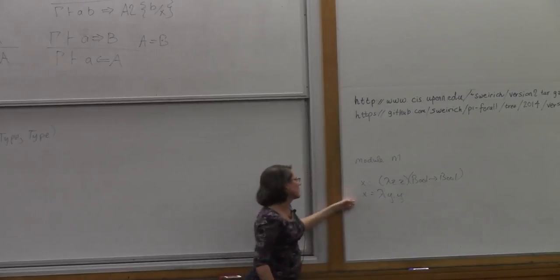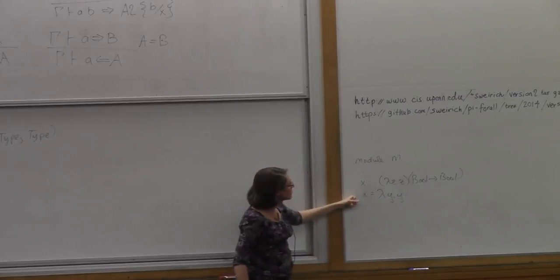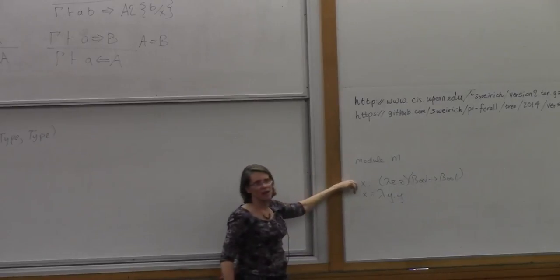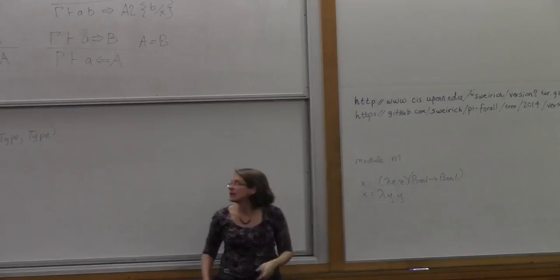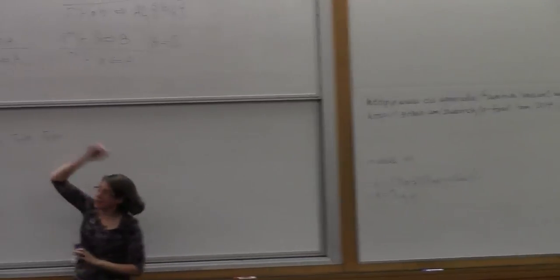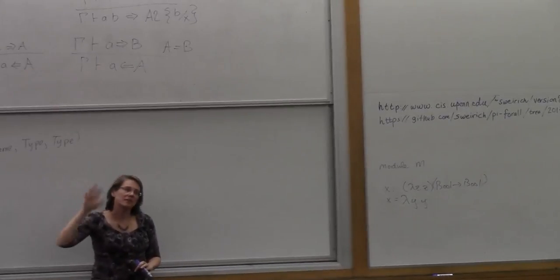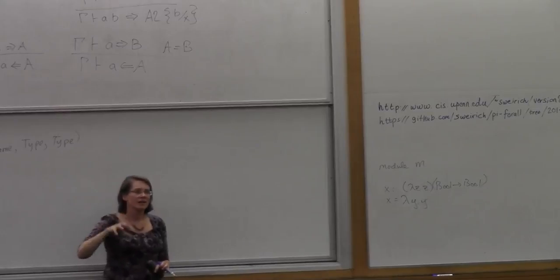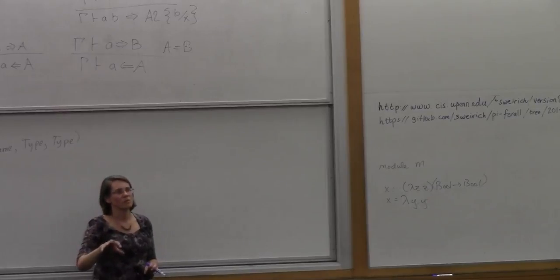So what we want to do is make sure that when we call check type, the function that corresponds to our checking judgment, the type that we're calling it with is actually in weak head normal form.